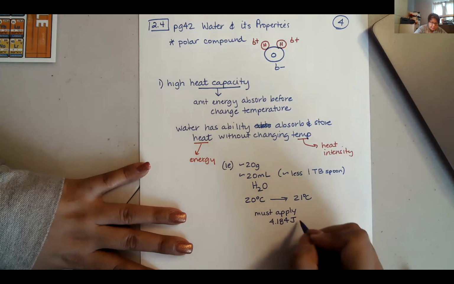Temperature measures heat intensity, and in this case, I'm applying 4.184 joules of energy. If I apply less than that, the temperature doesn't change. So if I apply only 4 joules of energy, the temperature remains at 20 degrees Celsius. This is what we mean by water has the ability to store heat. In essence, I can use the water to store that energy that I've put into the water.